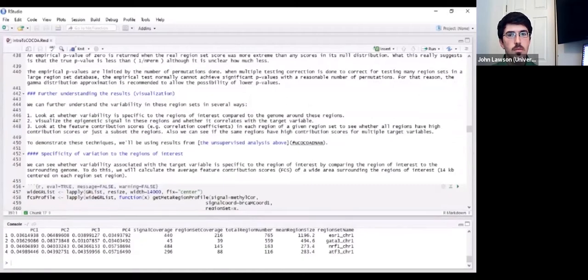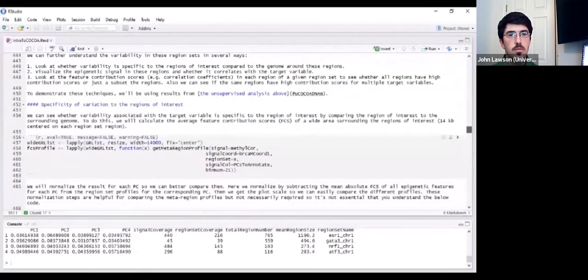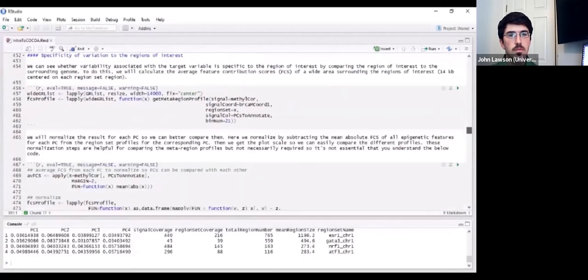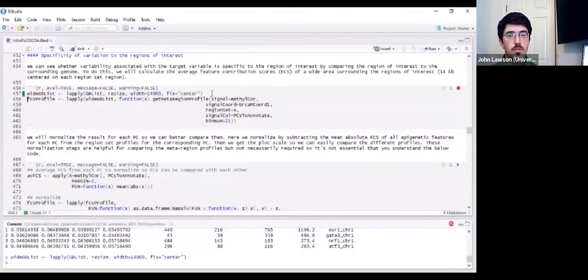Okay, so there are some ways we have to further understand these results. And one of those is these meta-region profiles, which are the plots I showed you in the presentation. And so essentially we are just looking at our regions of interest, and then we're going to use the resize function to expand those regions to be 14 kb, but centered on the ChIP-seq binding region.